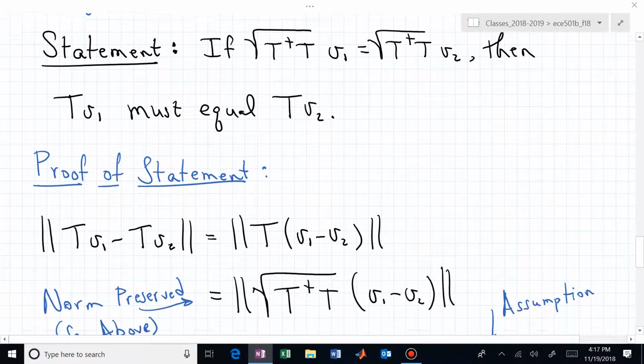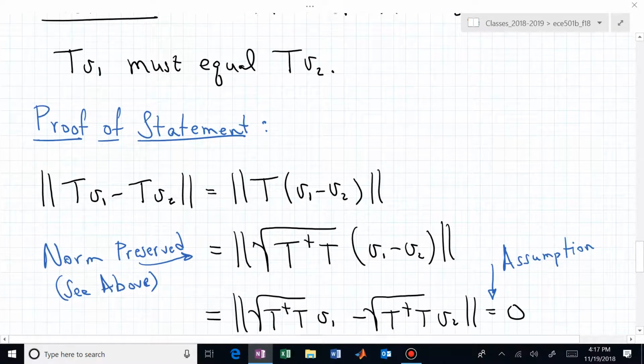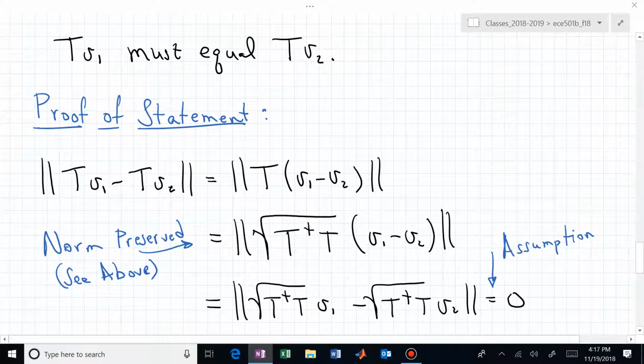And here's a proof of that statement. First, let's compare the vector Tv1 with Tv2 by finding the norm of Tv1 minus Tv2. How did we get to the next statement? That equals the norm of T operating on v1 minus v2.